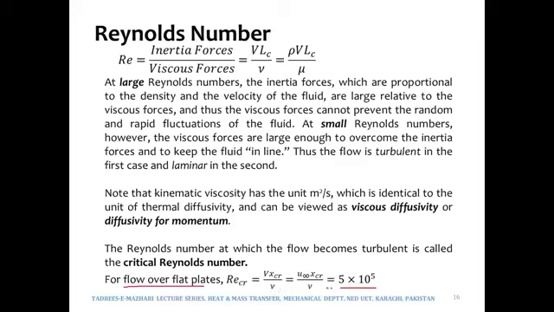So this is the value for critical Reynolds number for flow over flat plates, but not for flow through pipes. We will discuss it when we come to the chapter where we would be discussing the flow through the pipes.